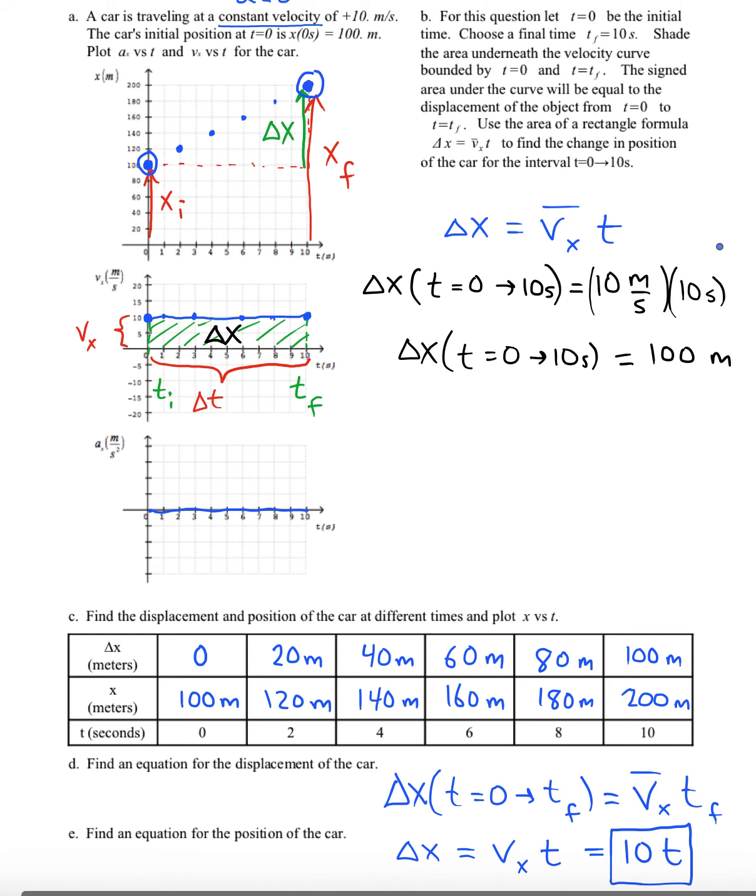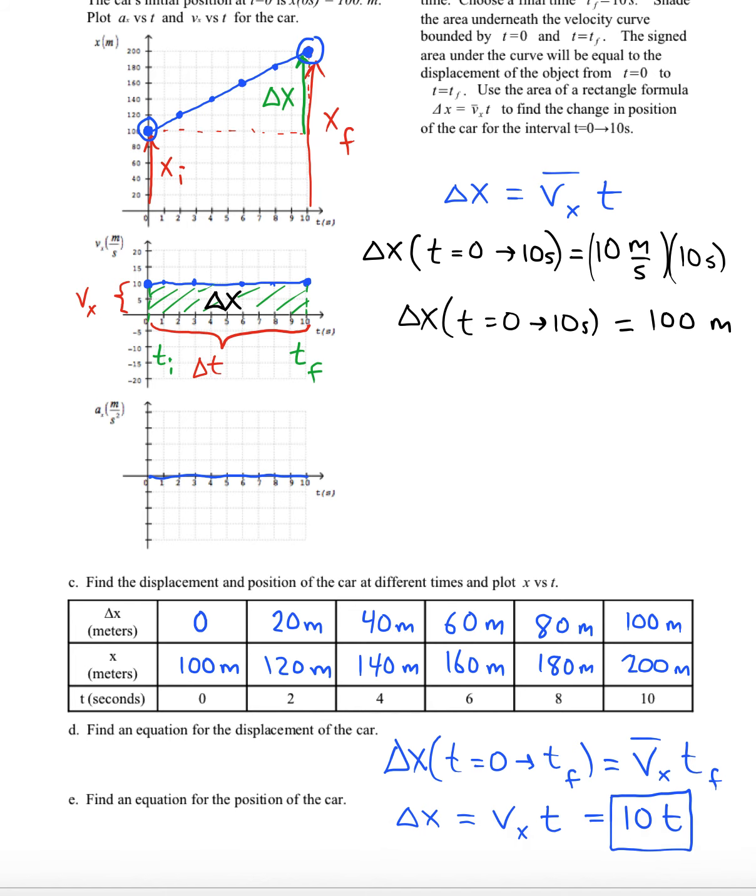Okay, there we go. Let's go ahead and connect the points. All right, that's a great graph of constant velocity.